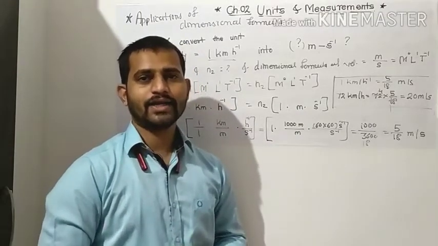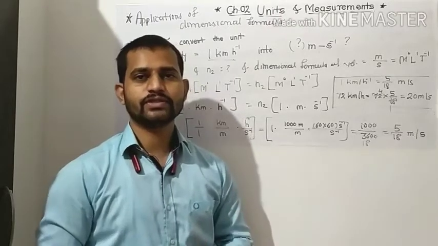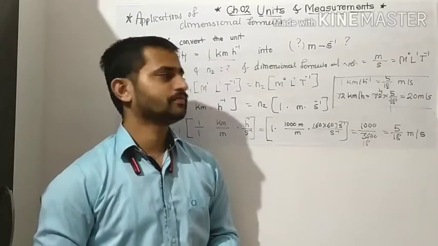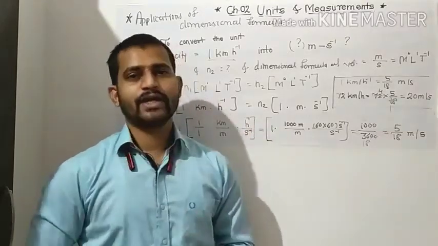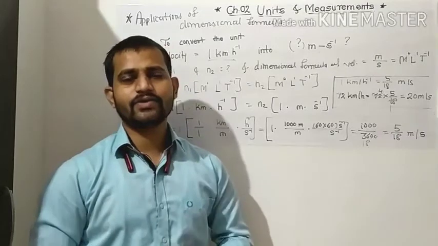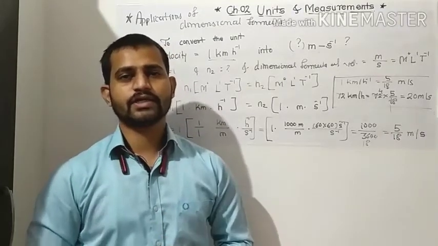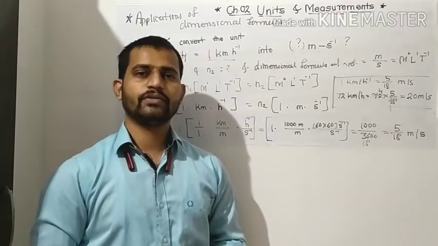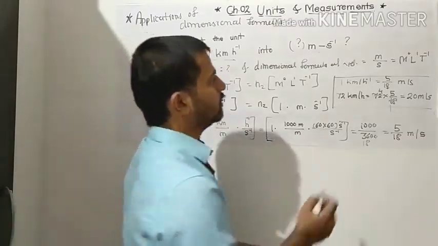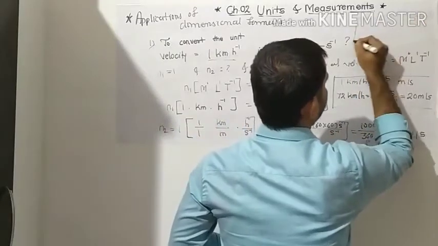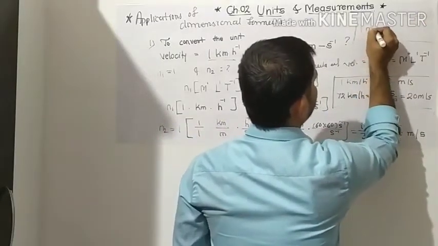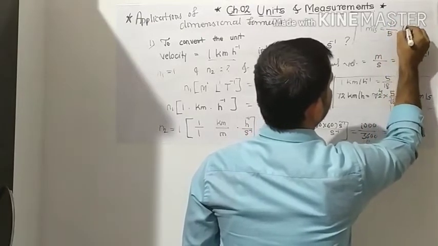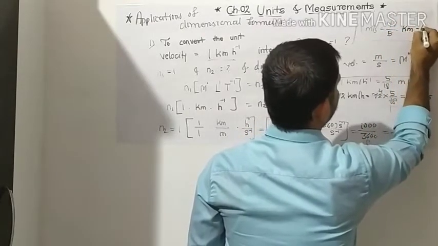Our direct conversion is possible if we know this formula, that 1 kilometer per hour is equal to 5 by 18 meter per second, or we can take the inverse, that 1 meter per second is equal to 18 by 5 kilometer per hour.